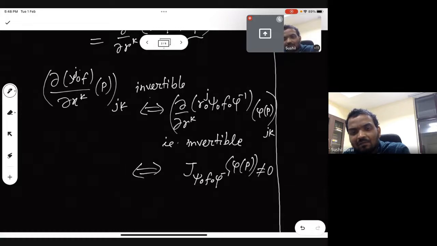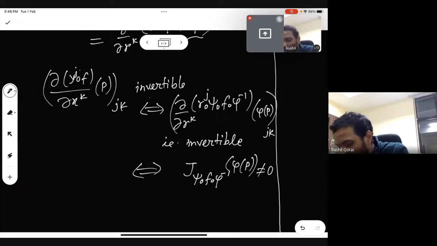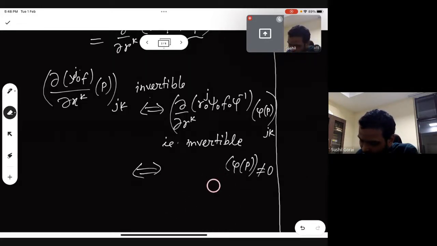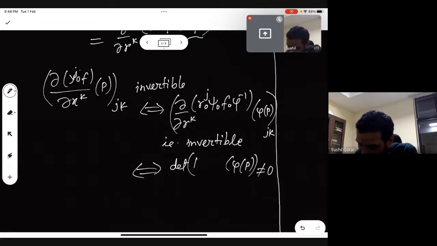Yeah, or the derivative. You can write the determinant of the derivative of psi compose f compose phi inverse at phi p is non-zero.